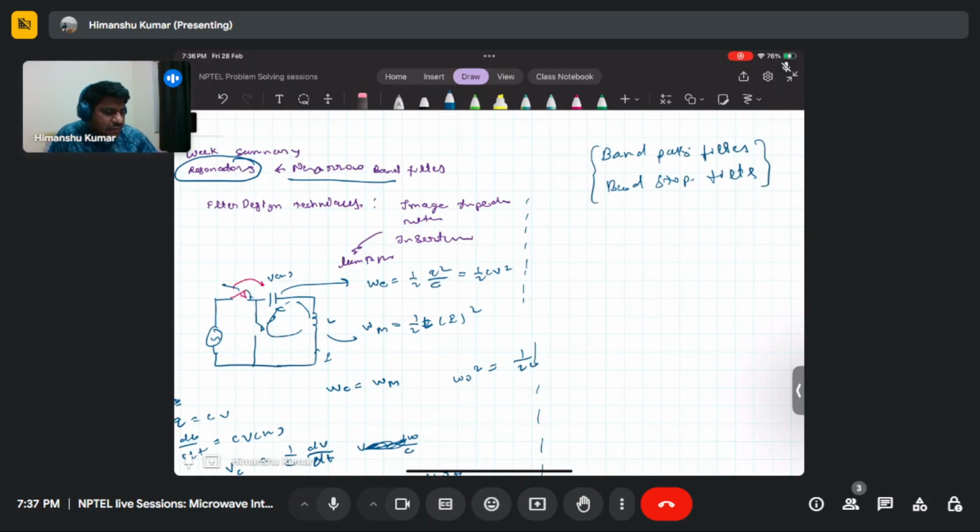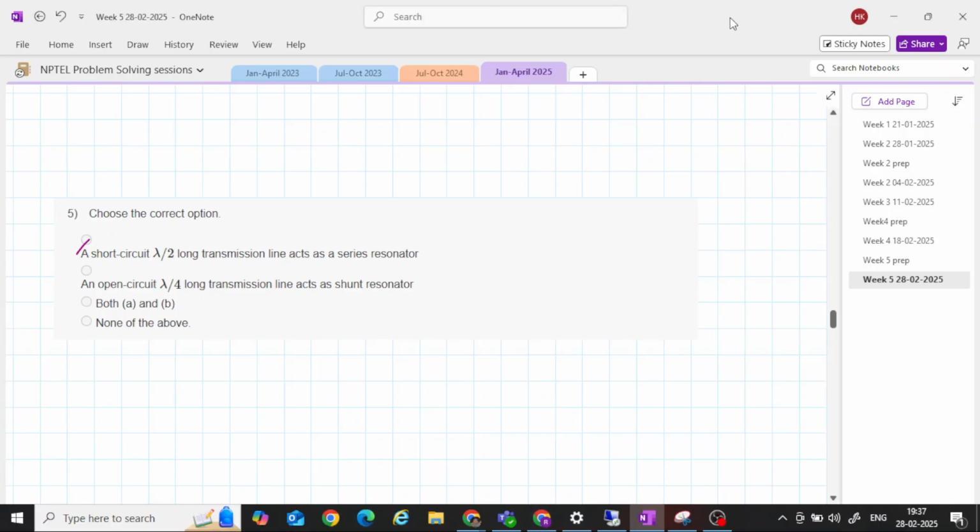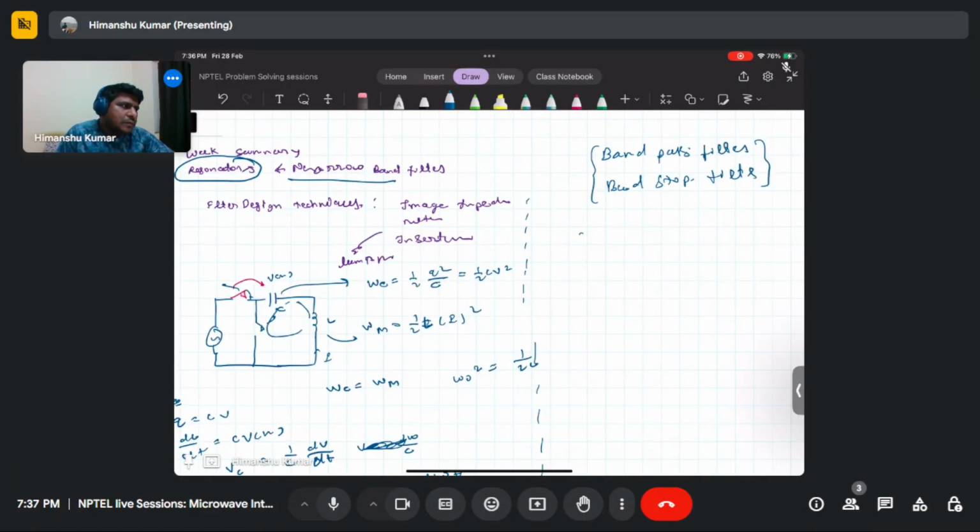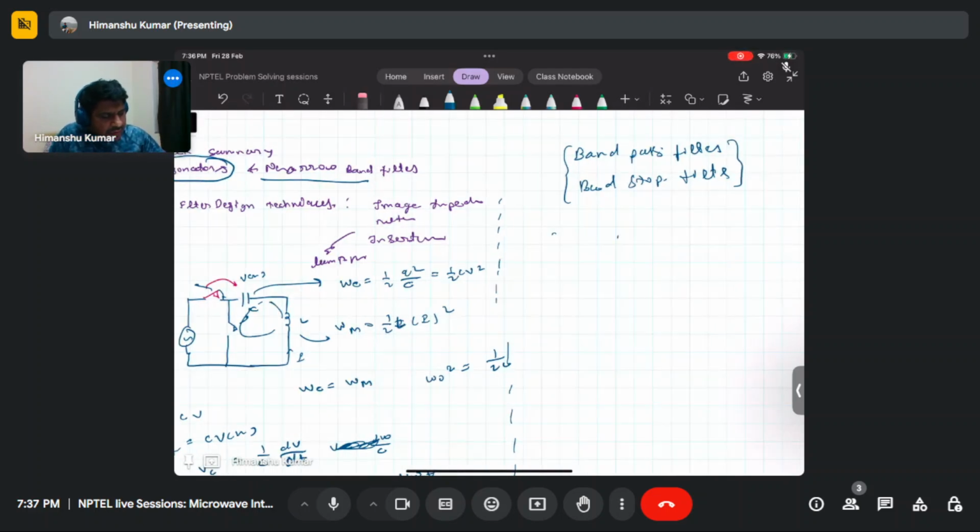Basically, you can take a series line. If you connect a series resonator, let's say you have an open or short circuit line, this will behave as a resonator actually.